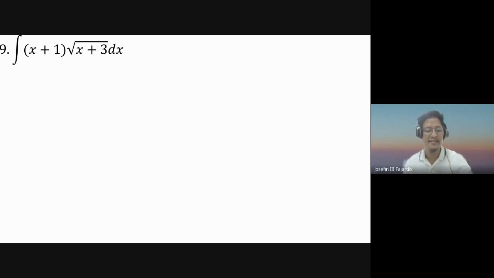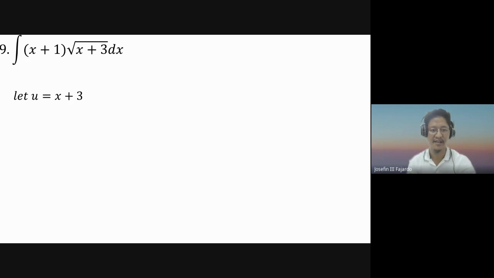So, similar procedure with the previous example. Kung alin ang mas madami, notice in here, pwede natin gawin si x plus 1, pero mas madami ito. Or kung ano yung nandito sa radical sign ang gagawin natin dito. So notice, u here to be x plus 3.